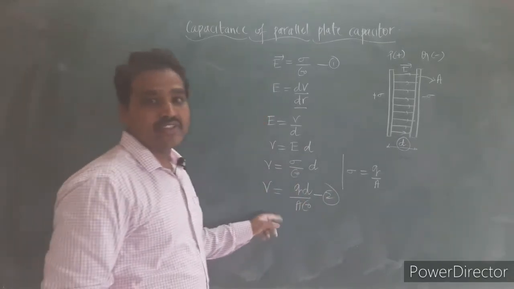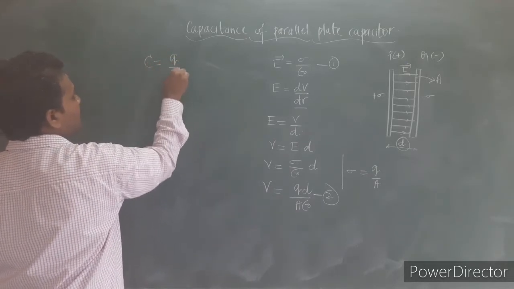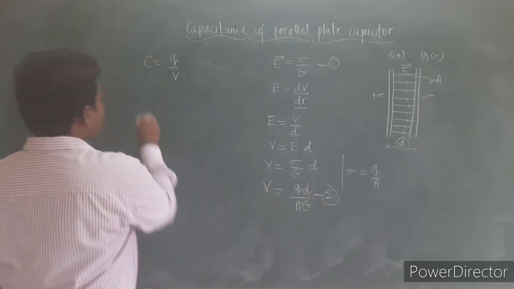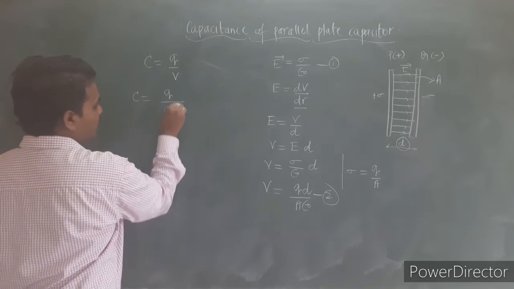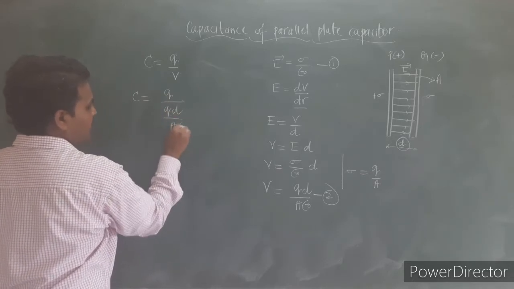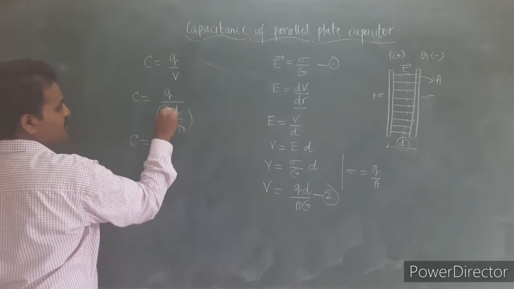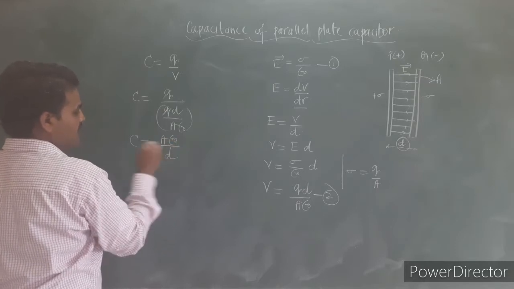Then by the basic definition, capacitance is defined as Q divided by V. In this expression, replace V by equation number 2. I can write C is equal to Q divided by Q into d whole divided by A into epsilon naught. So these two get cancelled, and C is equal to A into epsilon naught divided by d.